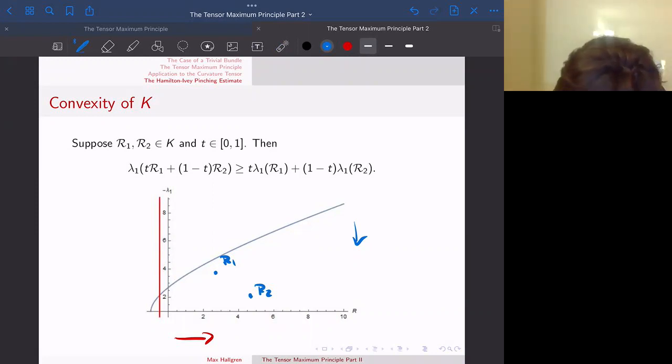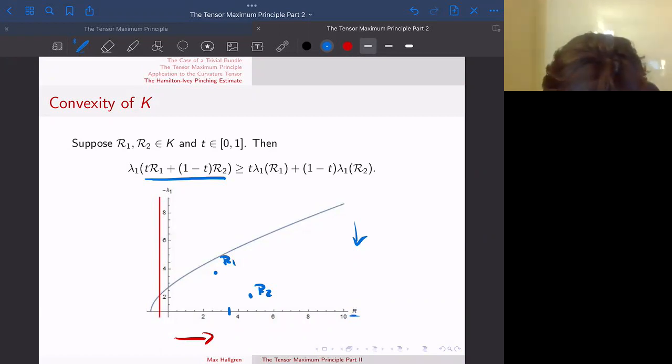So if we look at where lambda 1 and R corresponding to this convex combination of these curvature tensors lands, we know that the trace is going to lie in between the traces of R1 and R2. And so it's pretty easy to show that lambda 1 is actually concave.